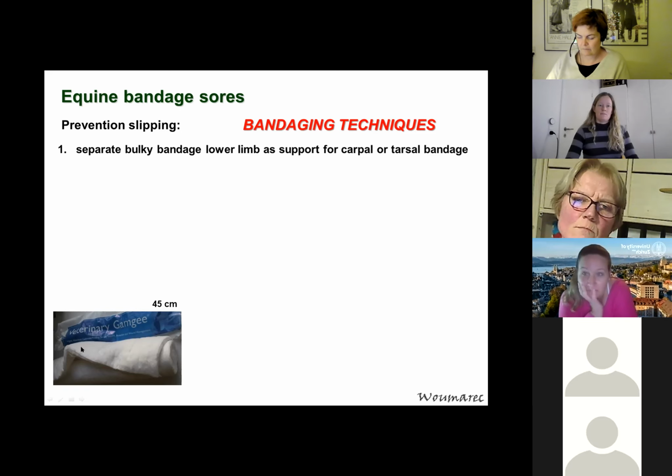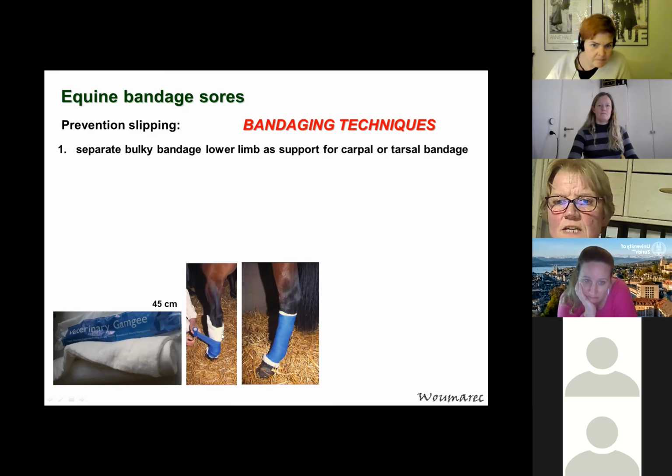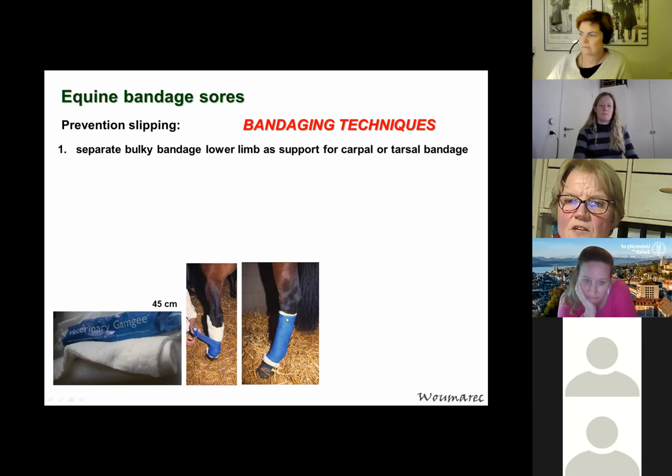I don't mention this because I have stock in the company, but I just very much like this because you can cut pieces of the gamgee and it's very easy to handle. So you can see here a piece of the gamgee is wrapped around the leg and the elastic bandage is applied. Very easy, and you can see that I leave some of the padding visible under the edges of the elastic bandage to prevent sores at this side and at this side.